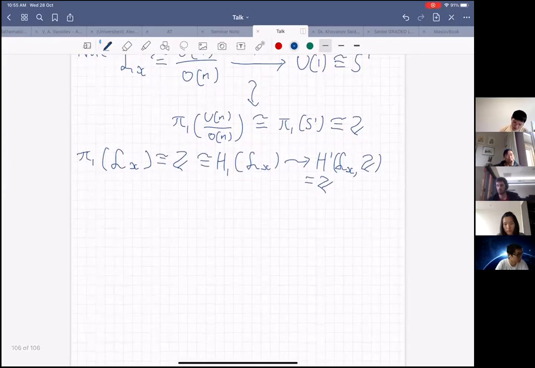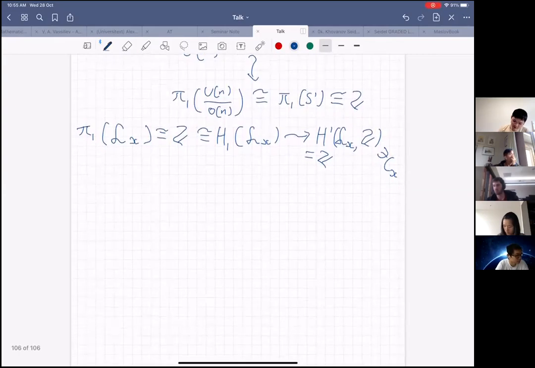Now there's a class here called the Maslov class, but I will give a detailed formulation of this construction later. For now this is some abstract construction.